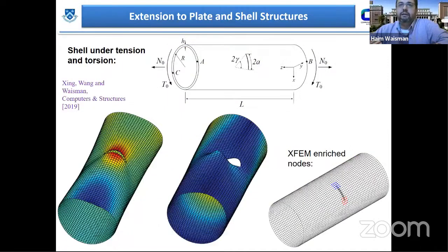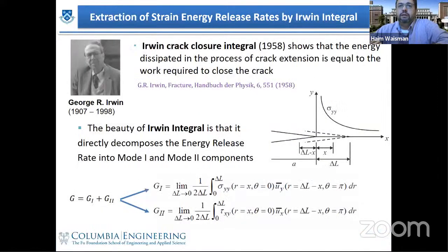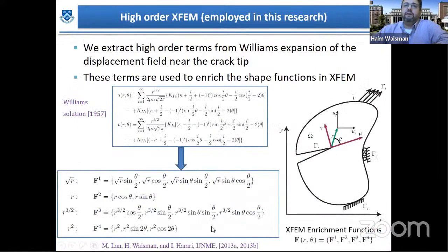Let me go back to the model. So these are the functions, right? This is the slide that shows the Williams solution. You can see that standard XFEM is basically just F1. These are 4 branch functions that have a square root of R singularity and some trigonometric contribution.